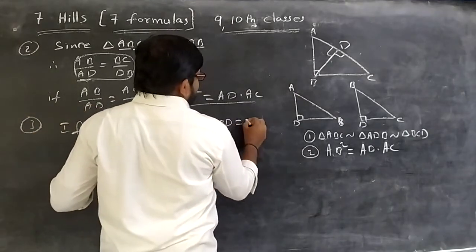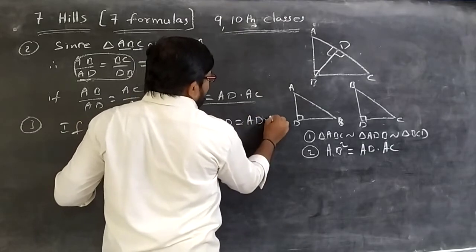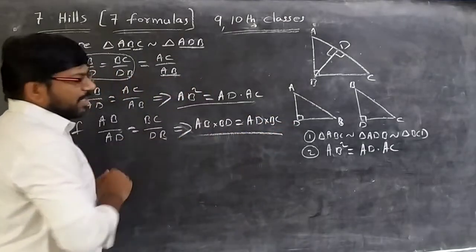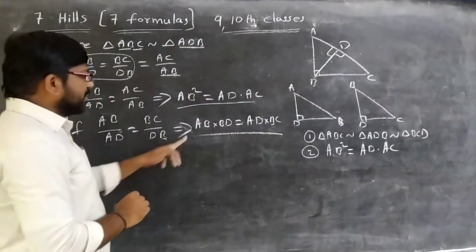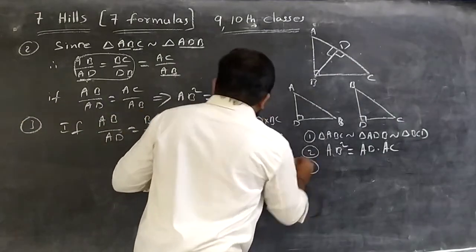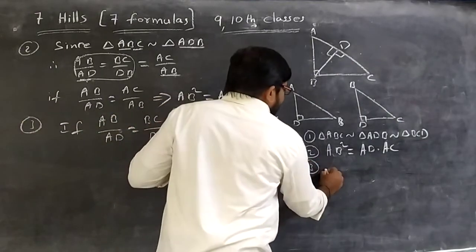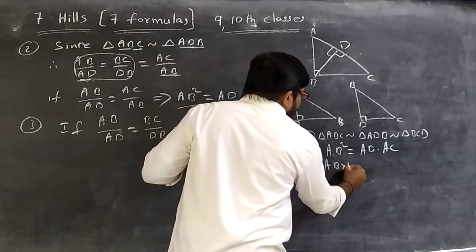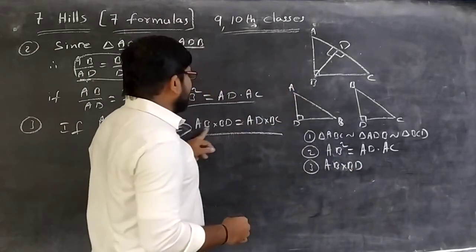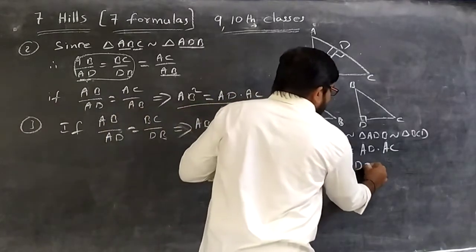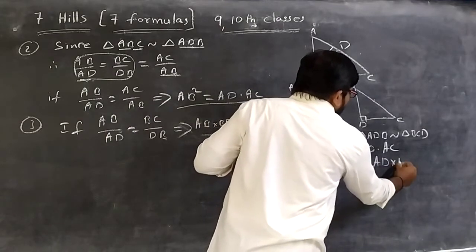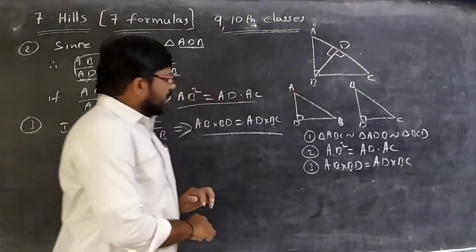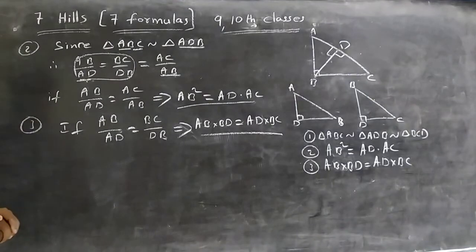It is the third formula, right? So the third formula is AB into BD equals AD into BC. So three formulas completed.